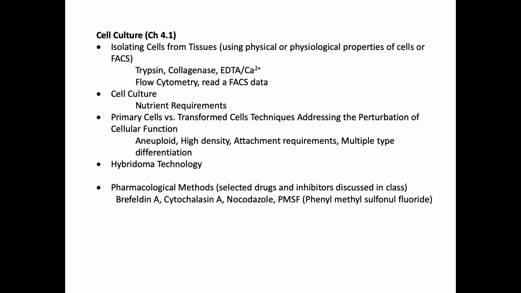Then know flow cytometry and know how to read FACS data. We talked about that, and there were some questions about it. Remember that when you are looking at the quadrants, we name the quadrants A, B, C, D, or 1, 2, 3, and 4. That's the convention. You don't have to remember that. I will provide it, but just saying how it is.